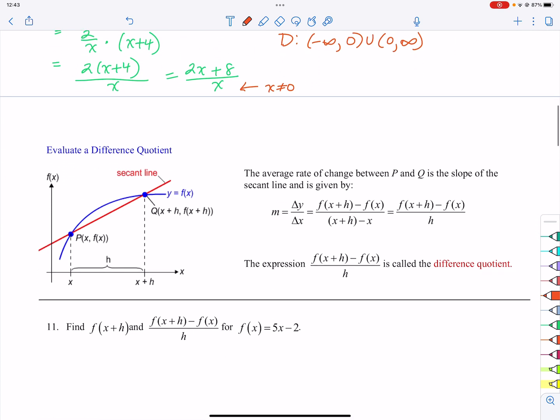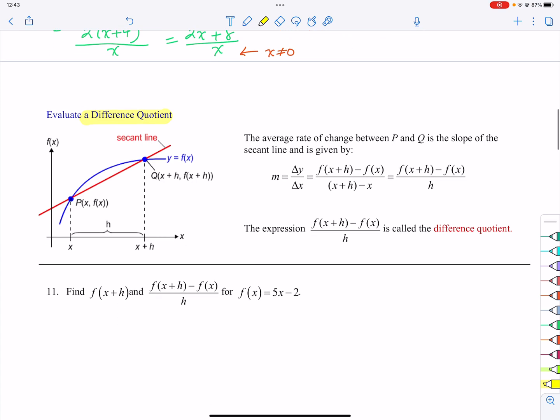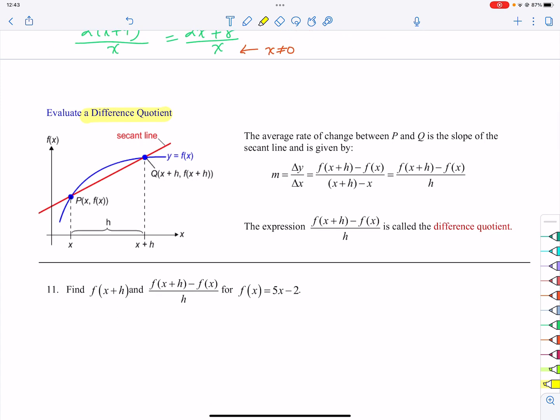Okay, let's talk about something called a difference quotient. And basically, a difference quotient is the average rate of change between 2 points. And it is, for example, the slope of the line between those 2 points. Okay?